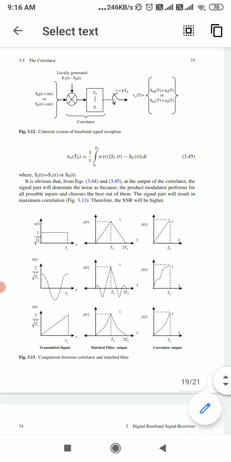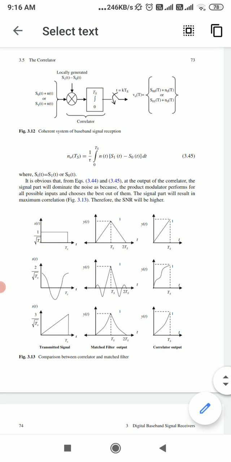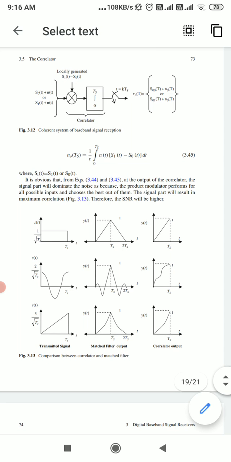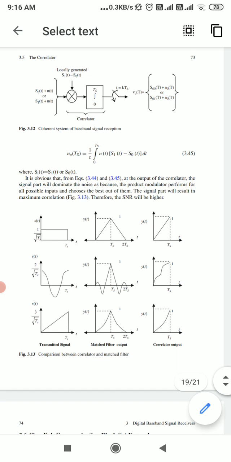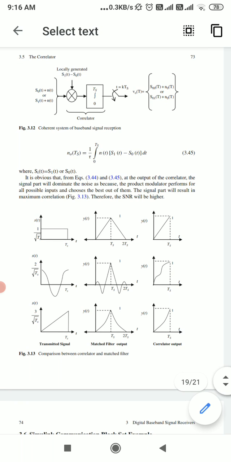If we give the sine wave input to the correlator and to the matched filter, the correlator output is nothing but the linear ramp, whereas the matched filter output is an amplitude modulated linear ramp. You can see in the second row that at the output of the matched filter you get an amplitude modulated linear ramp signal, and in the correlator you get the output that is nothing but the linear ramp.